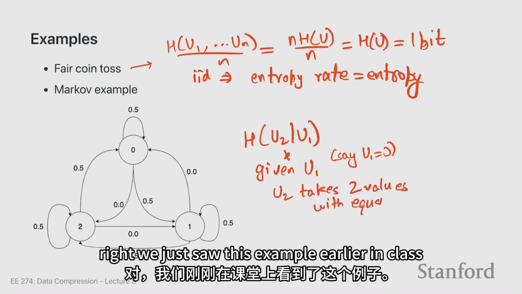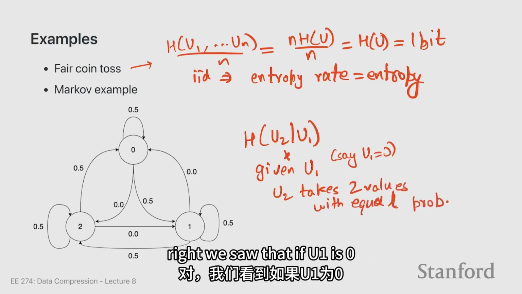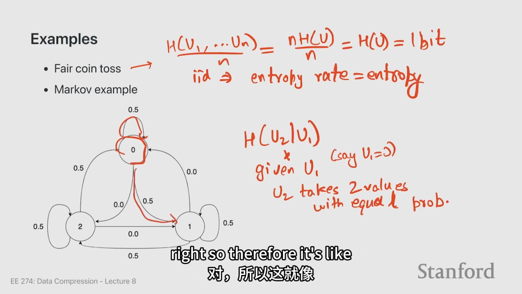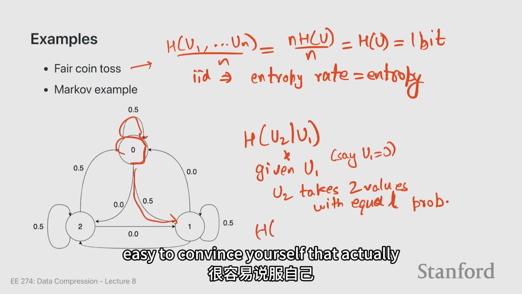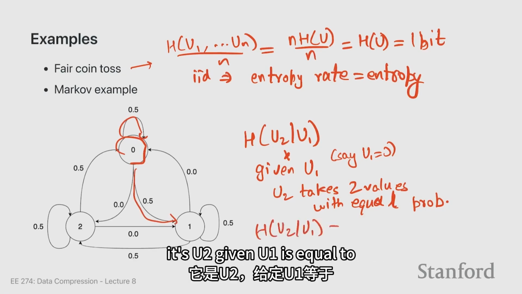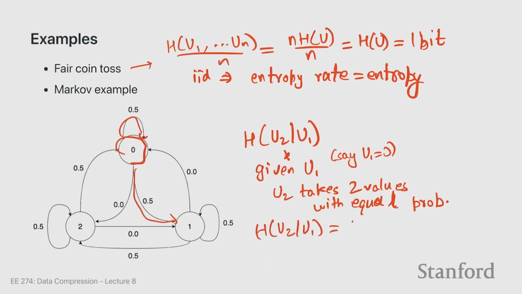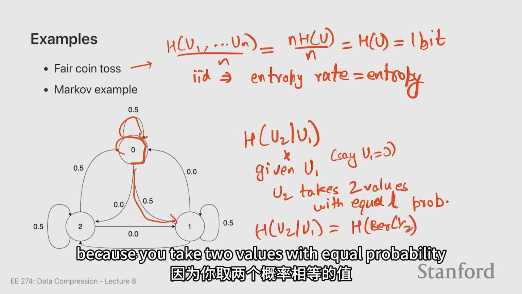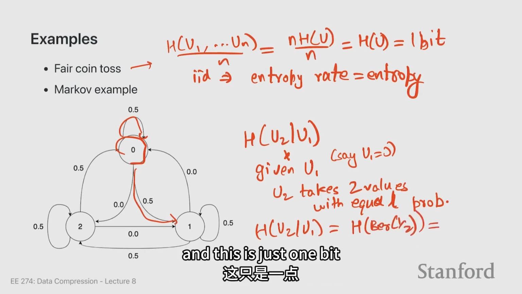We just saw this example earlier in class. We saw that if U1 is 0, then U2 can be either 0 or 1, each with half probability. So it's easy to convince yourself that H(U2 given U1) is equal to the entropy of a Bernoulli half random variable, because you take two values with equal probability, and this is just one bit.